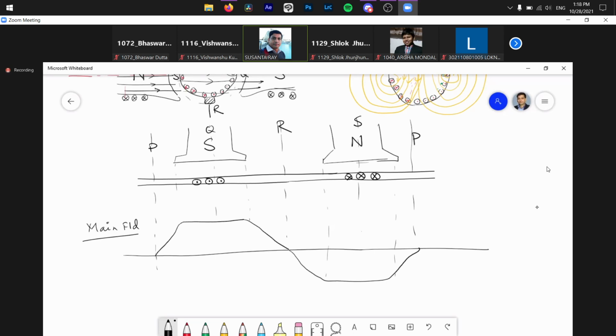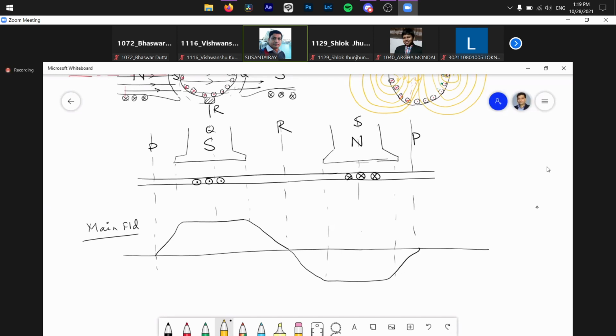Now, if I want to draw the armature field, because we have two fields that we have already mentioned: one is due to the main field or the field winding, another is called the armature field, which is due to the armature winding. So how the armature field will look, that we have to understand.